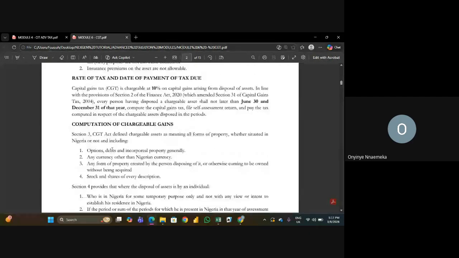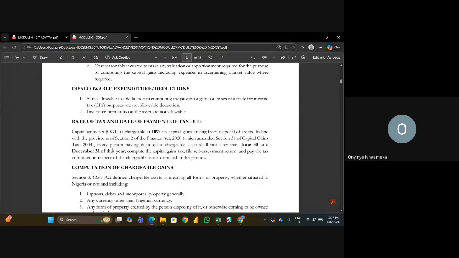Now disallowable expenditure. Number one, any sum allowed in computing profit or gains for income tax is not allowable. Let me explain that. What we are trying to say here is that as long as that expense is allowable under CIT, the one we just finished, it is disallowable under CGT.